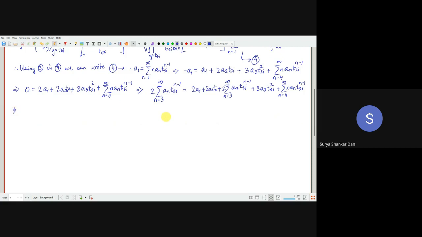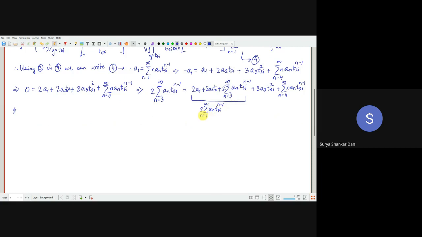What is the advantage? Notice that on the right hand side, this is equal to how much? This is basically 2 into the whole thing as summation of n equal to 1 to infinity a_n tsi to the power of n minus 1.